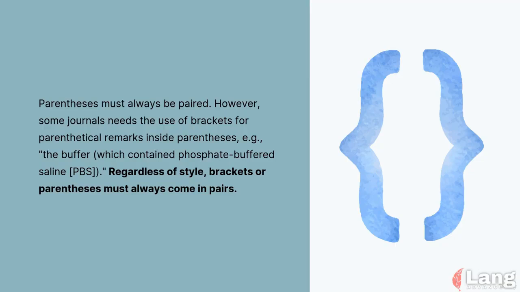However, some journals require the use of brackets for parenthetical remarks inside parentheses. For example, the buffer, which contained phosphate buffered saline (PBS). Regardless of style, brackets or parentheses must always come in pairs.